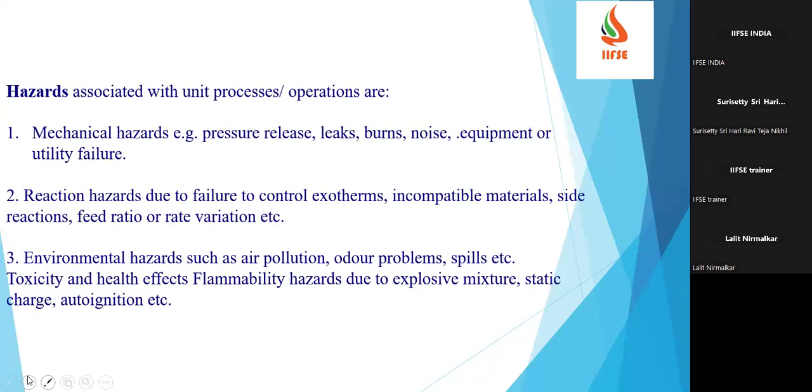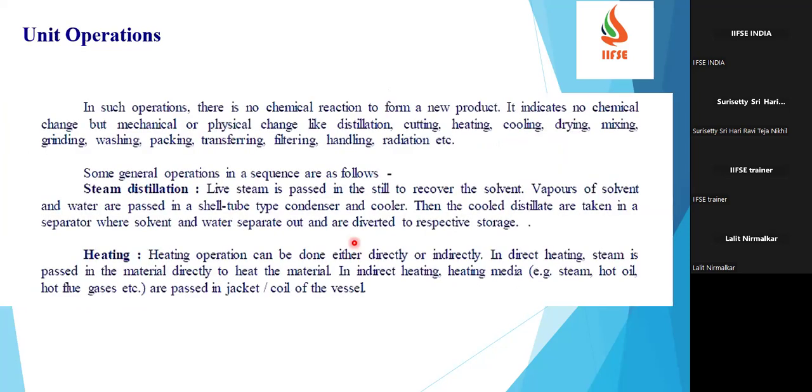Then environmental hazards from the chemicals: environmental pollution, which is the major one, odor and smell issues, and spillages resulting in land pollution or contamination of other materials. Then toxicity, health effects, and flammability hazards due to explosive mixtures or static charge, and auto ignition temperatures or auto-igniting materials. These are all the hazards with respect to unit processes.